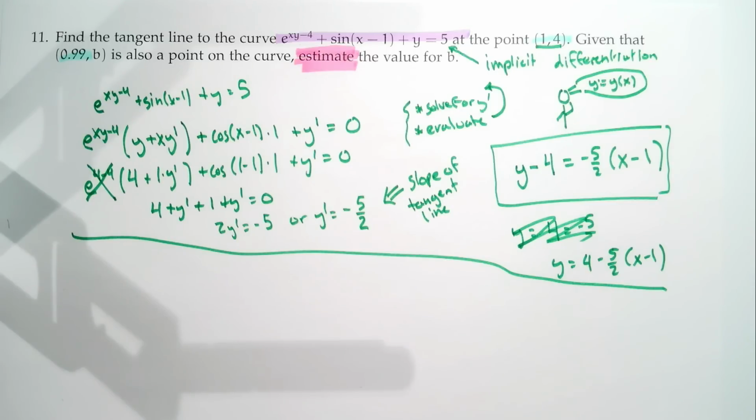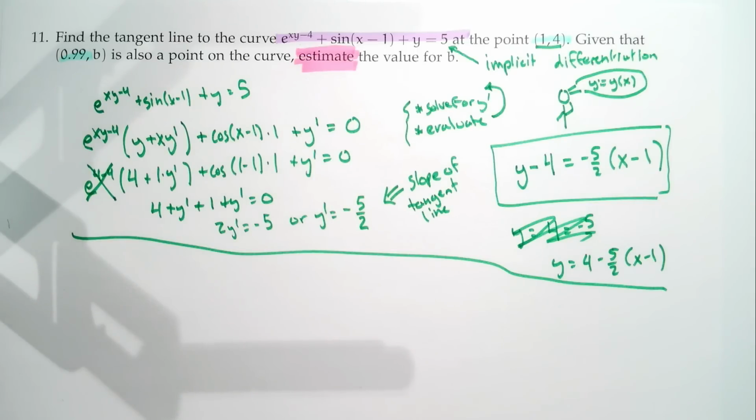Riemann sums we talked about as an estimate for a definite integral, but we're not testing you on Riemann sums on the final. So there's another kind of estimation, which is use your tangent lines to approximate a function. So if you see the word estimate or approximate, that's a signal to you that says use the tangent line.